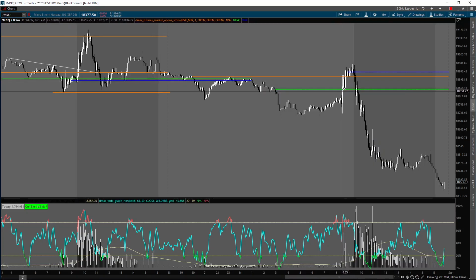This spike is at 8:30 Eastern Standard Time when the NFP was released, and that's why you have this squeeze. They were able to squeeze all of the shorts that were in it, brought it up here, and ultimately it failed back below.